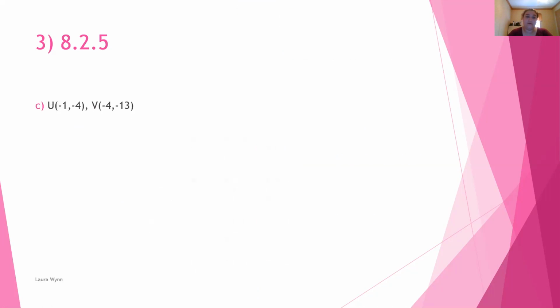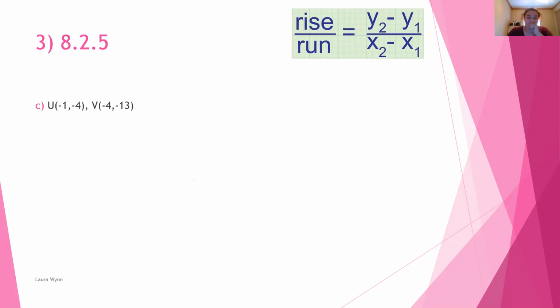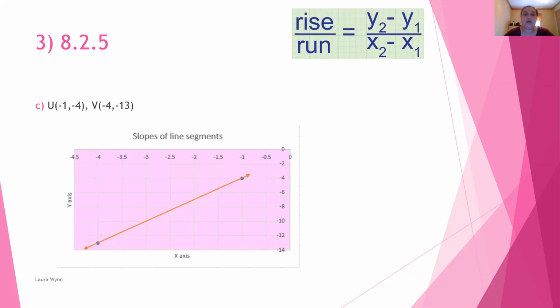All right, now we've got a bunch of negatives. Here are our points plotted. We've got (-1, -4) here, and (-4, -13) here, and you connect it with the line. For this one, since the numbers are so big and different, I figured it'd be easier to use the slope formula.